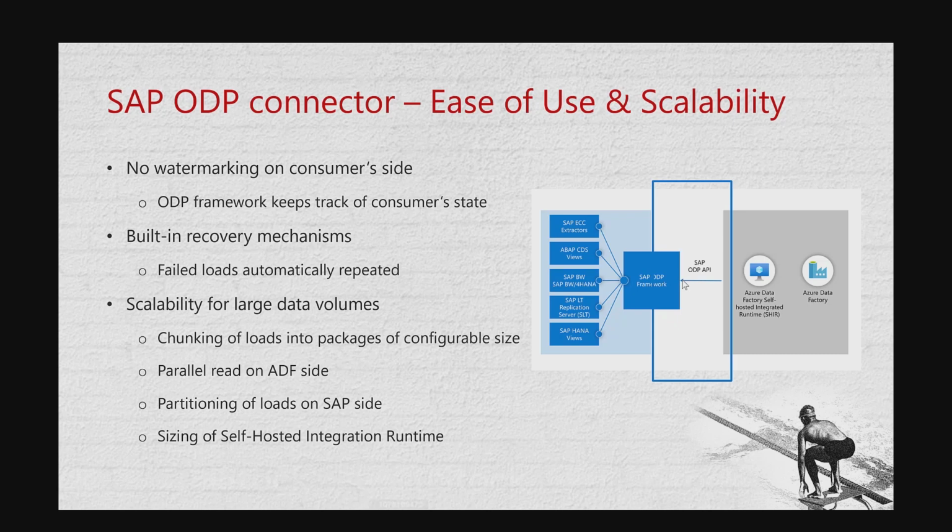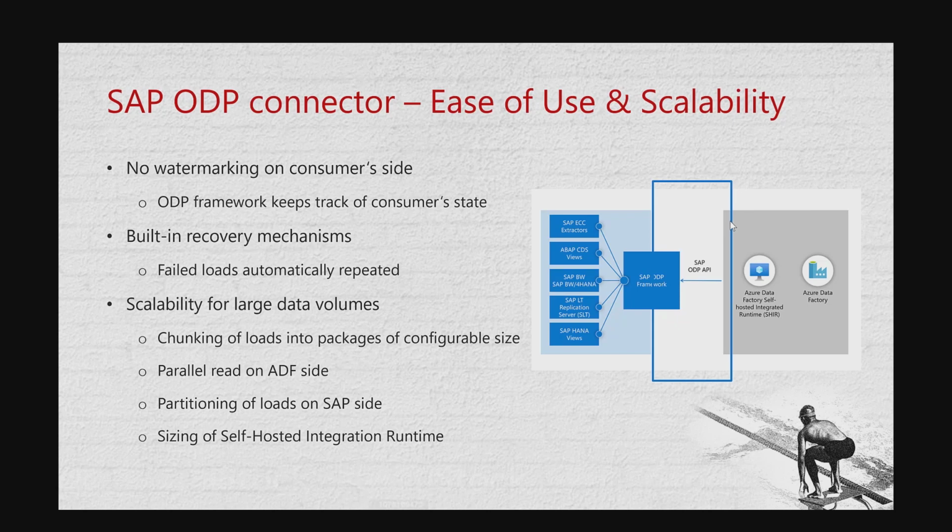And then all this process, which I was describing, the process of reading the data and storing it in the ODP framework and reading it on the target side, this can actually be parallelized. So you can have multiple jobs running on the SAP side, producing the data for each partition at the same time in parallel. And you can have the reading on ADF side parallel as well.